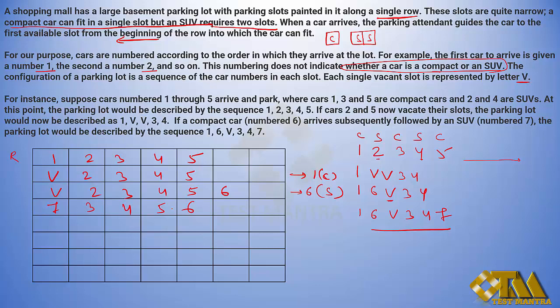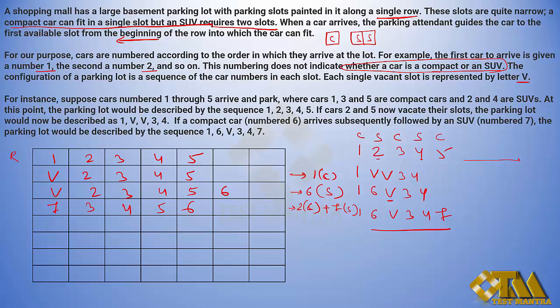So that means first I have vacated 2, which represents 2 was supposed to be a compact, and then I have added 7 here. So if I remove 2 here, I can say there should be 2 V's which are now occupied. That means car number 7 is definitely an SUV here, right? So I can identify that car number 7 is an SUV here.